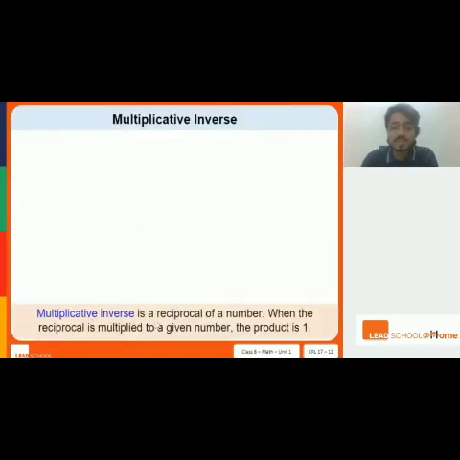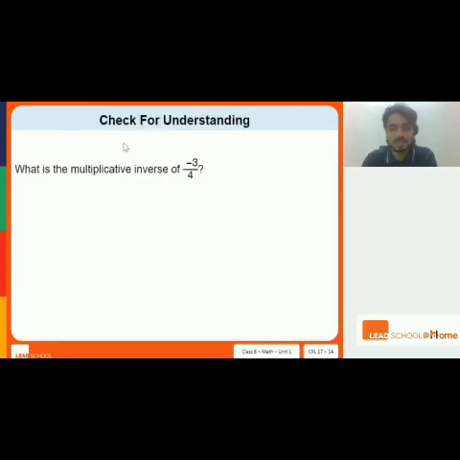Multiplicative inverse is the reciprocal of a number. When the reciprocal is multiplied to the given number, the product is 1, as we saw in the previous examples. So what will be the multiplicative inverse of negative 3 by 4? How do we find that?